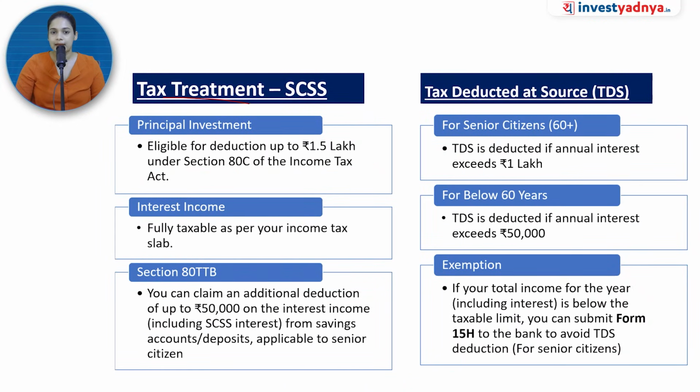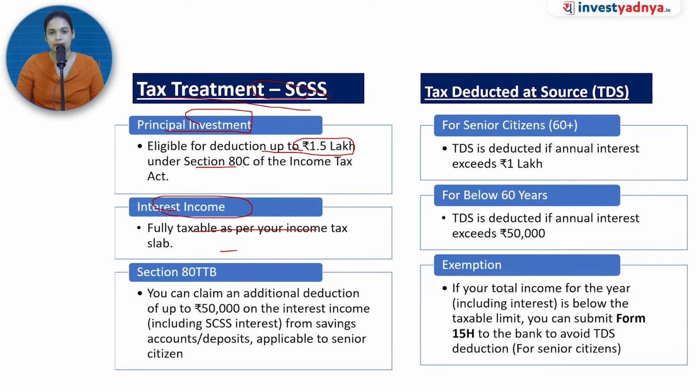Let's understand the tax treatment for SCSS. The principal investment, up to 1.5 lakh, is eligible under 80C. What about the interest income? Interest income is fully taxable as per your income tax slab. Whatever interest you receive gets added to your total income.